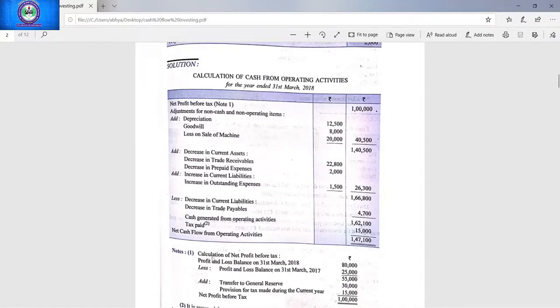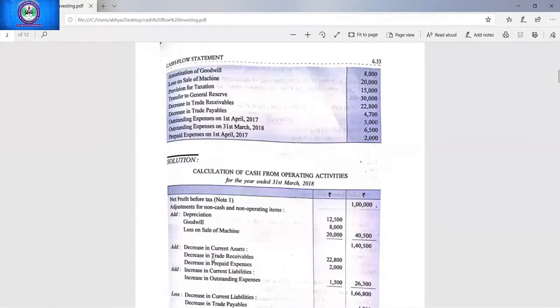Yes, one more thing which I have not told you: provision for taxation is given. Whenever only provision for taxation is given and it is not mentioned in the question whether it is of current year or previous year, then we will assume that the previous year also had the same provision for tax.